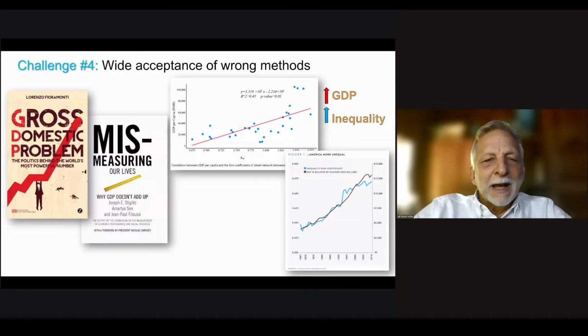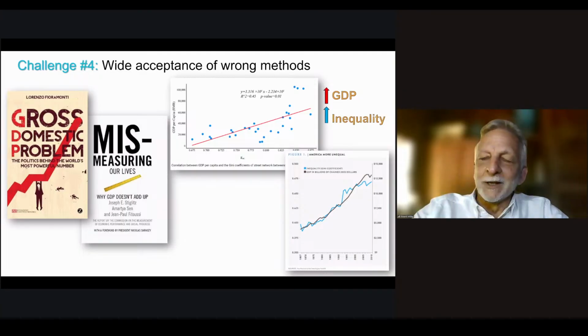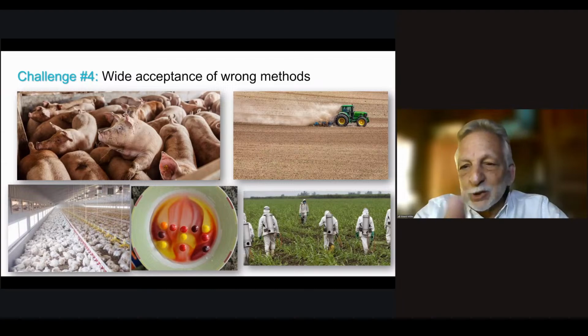Challenge number 4, how have we gotten to believe in all the things that are wrong? Like, we measure development by measuring GDP. GDP increases and inequality increases at a perfect correlation. How have we come to believe that that has been produced by universities, by academics, by scientists?